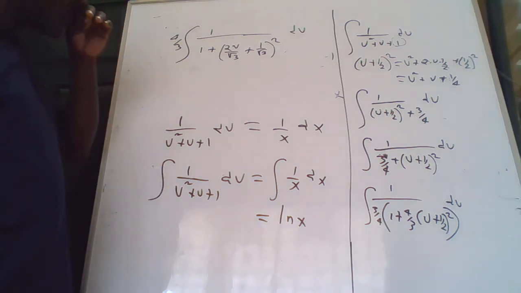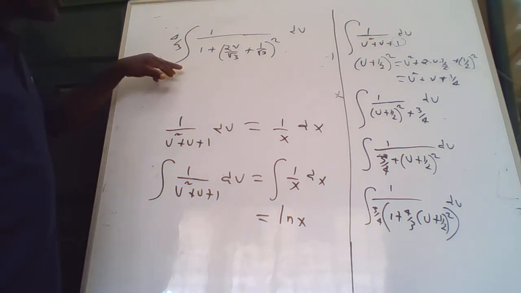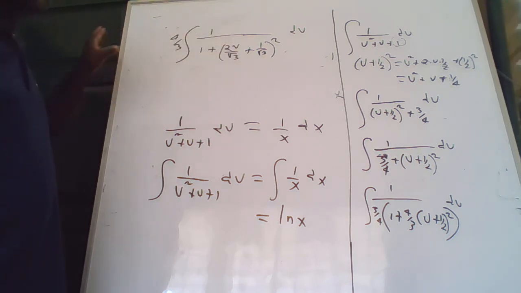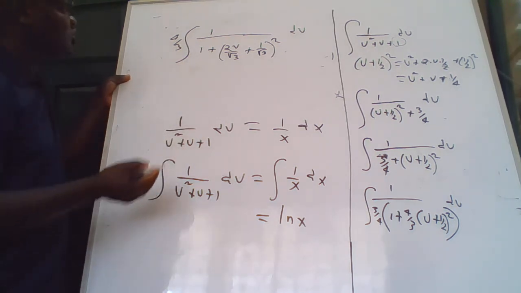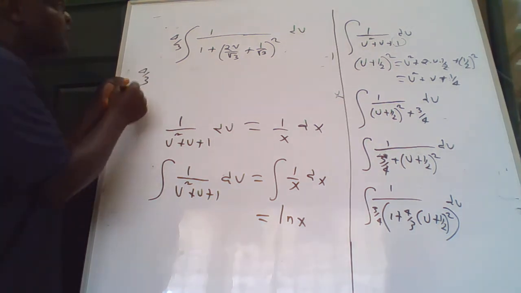Now from here, you realize that I can modify this one so that I can get the arctan of this function. So we have 4 over 3.